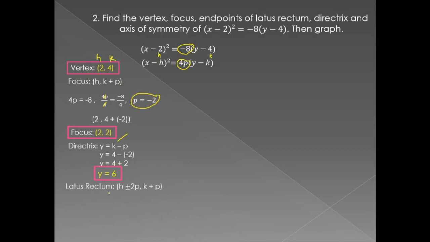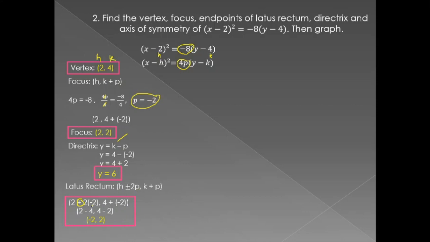Next, for the latus rectum, meron tayong h plus minus 2p and k plus p. So, again, magkakaroon tayo ng dalawang points for latus rectum. So, for the first one, unahin muna natin yung addition. Ayan. So we have 2 plus 2 times negative p.